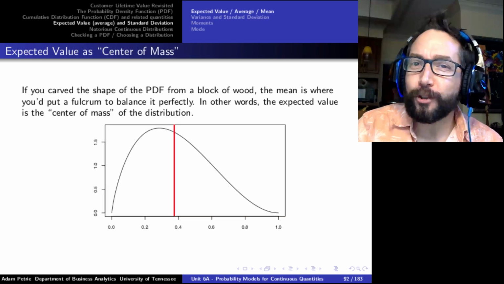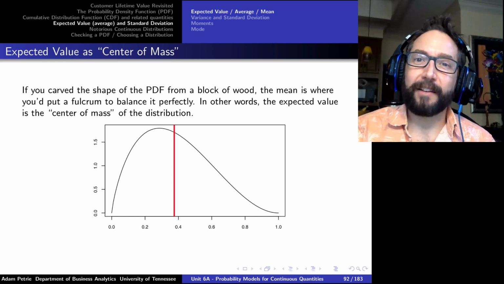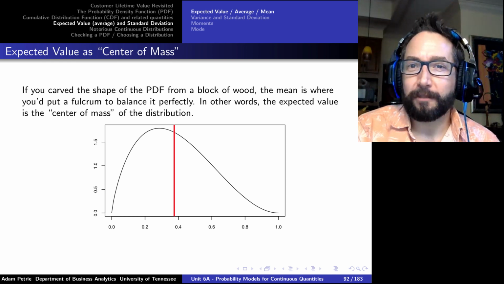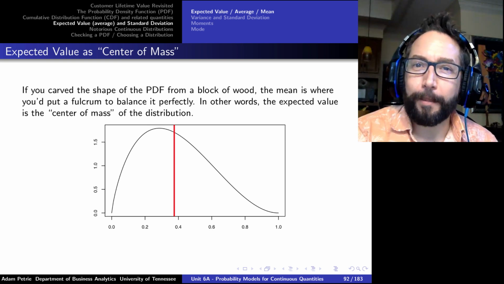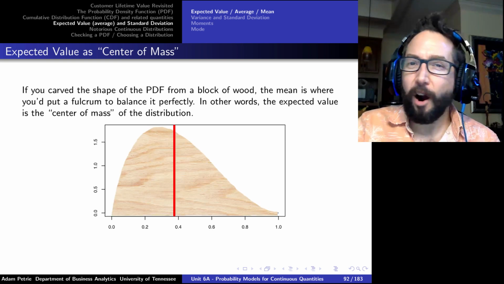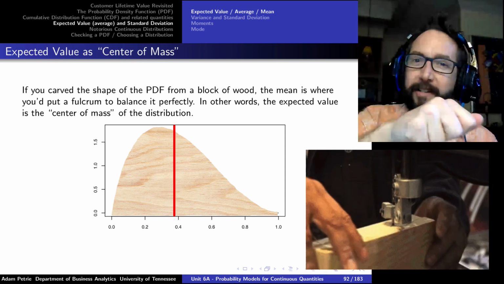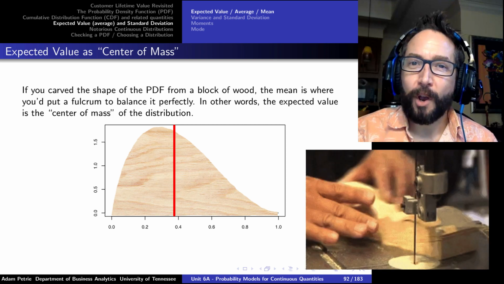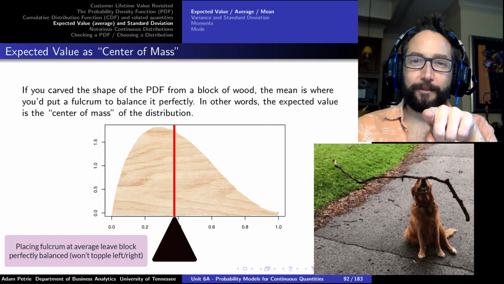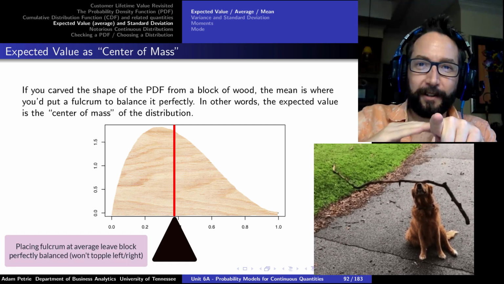Now, visually, what does the expected value of a probability distribution refer to? Well, if we imagine the shape of that probability distribution kind of carved out of wood, it turns out the expected value of that probability distribution would be where we could balance that piece of wood if we were to put it on to, say, our finger.